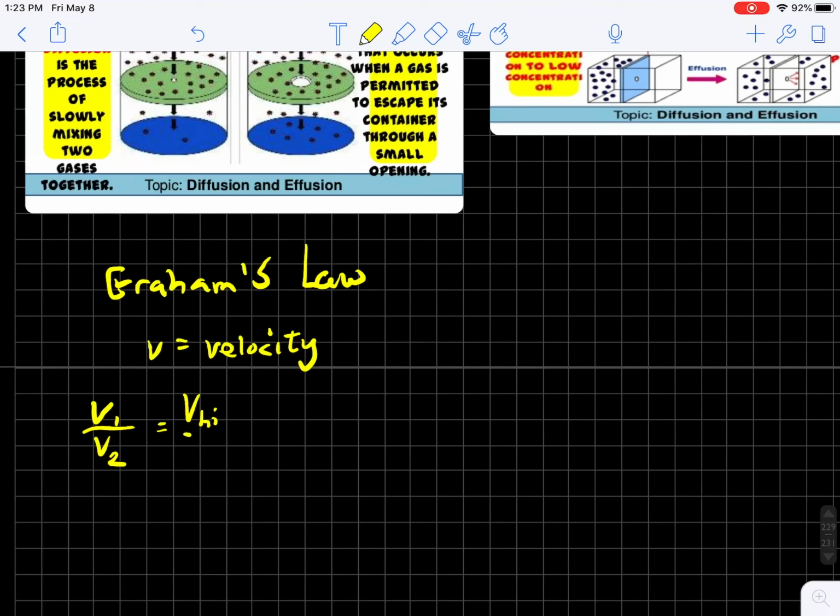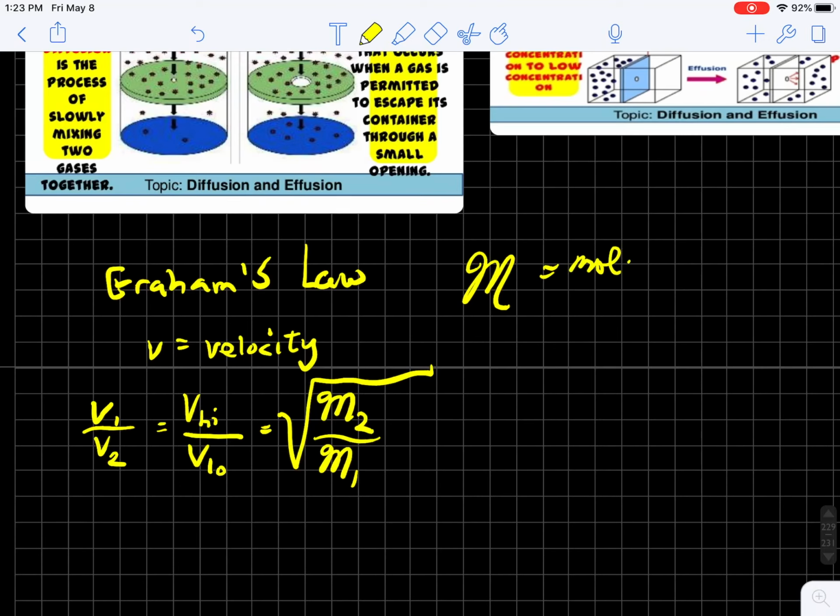So let's say that this is the high velocity particle and that this is the lower velocity particle. And that's going to be equal to the square root of M2 over M1. Now M stands for molar mass. And the formula for molar mass is grams of the material divided by moles. So there's an inverse relationship between speed and molar mass, and we know that from chapter 15.